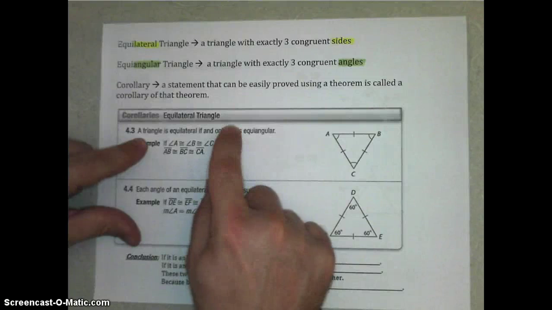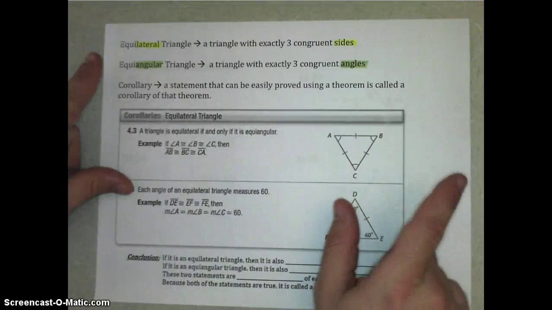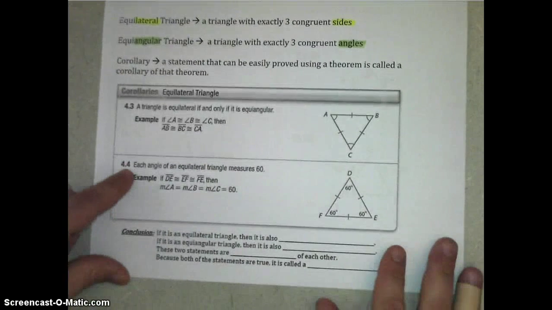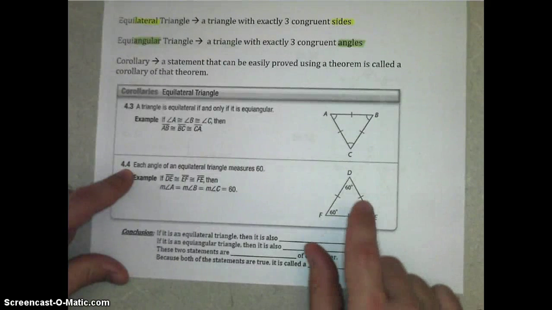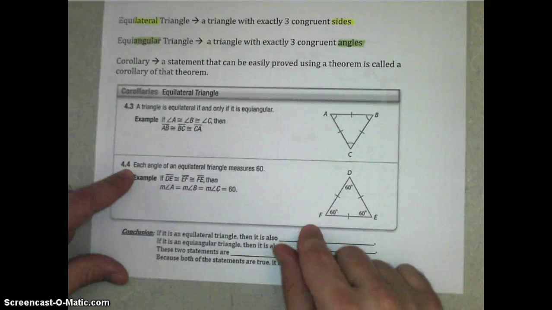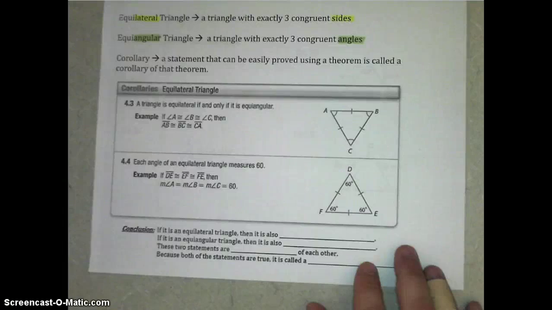A triangle is equilateral if and only if it is equiangular. That way, if you know it's equilateral, you also know it's equiangular, and vice versa. And we've talked about that before already. Then we have another corollary that explains that the measure of each angle of an equilateral triangle must be 60 degrees. So if you know it's equilateral, you know all 3 angle measures are 60 degrees.